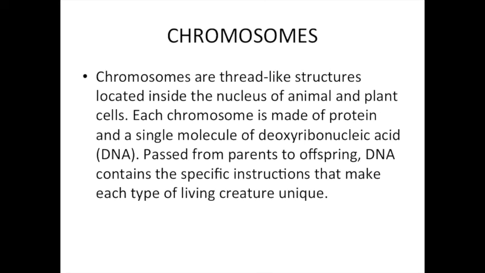Chromosomes are thread-like structures located inside the nucleus of animal and plant cells. Each chromosome is made of protein and a single molecule of DNA. It is passed from parents to offspring, and DNA contains the specific instructions that make each type of living creature unique.